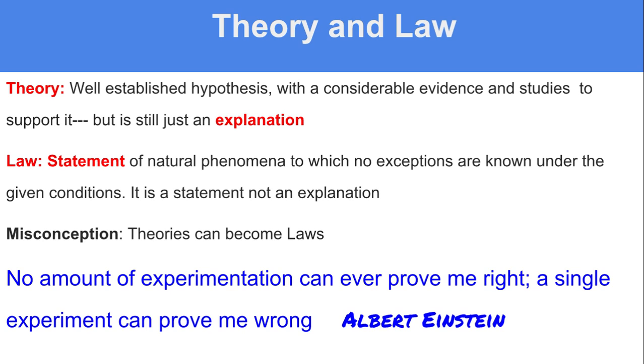A law is a statement of natural phenomena to which no exceptions are known under the given condition. It is a statement, it doesn't explain anything. When Newton discovered the law of gravity, he saw this thing that was happening, and it was pretty clear that there was a force at work, but he didn't explain what it was.